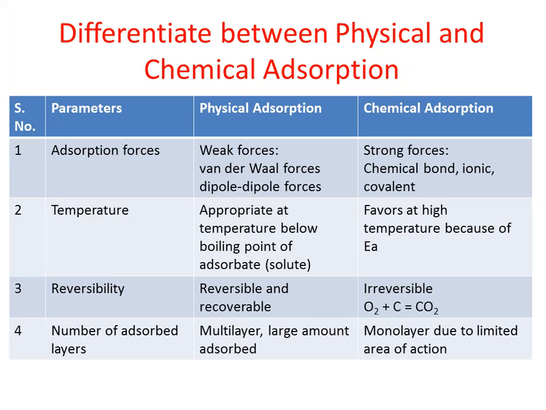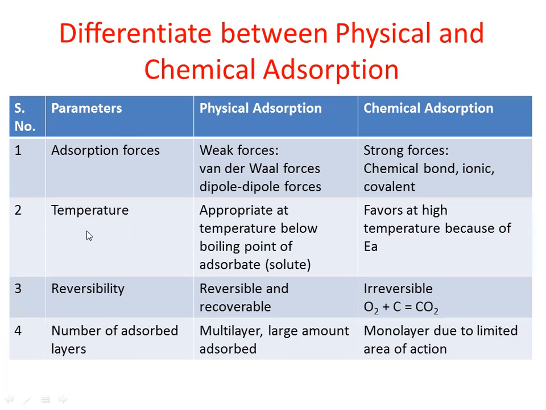All these are weak forces. And for chemical absorption, there must be a strong bond, and this should be a chemical bond. That means it may be an ionic bond, covalent bond, or coordinate covalent bond. So based on the absorption forces, you can differentiate between physical and chemical absorption.